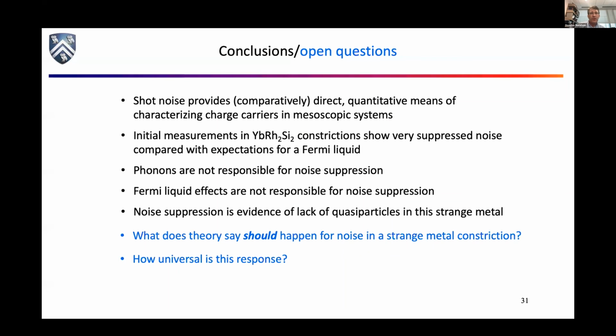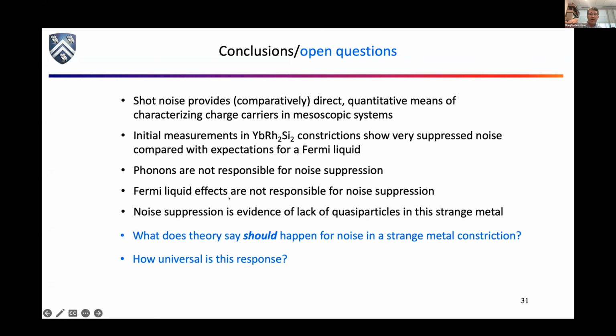So, shot noise provides a comparatively direct quantitative way to characterize the charge carriers in mesoscopic systems. Initial measurements in terbium-rhodium-2 silicon-2 show really suppressed noise compared with any reasonable expectation for a Fermi liquid. And we can rule out phonons as the cause of the suppression because we can experimentally measure what we think the phonon coupling is.